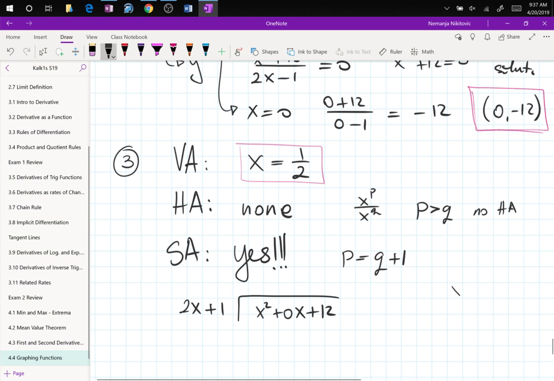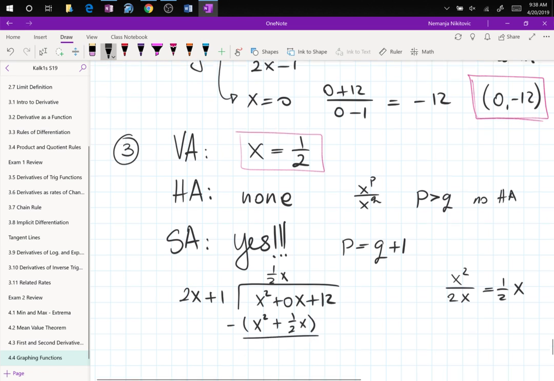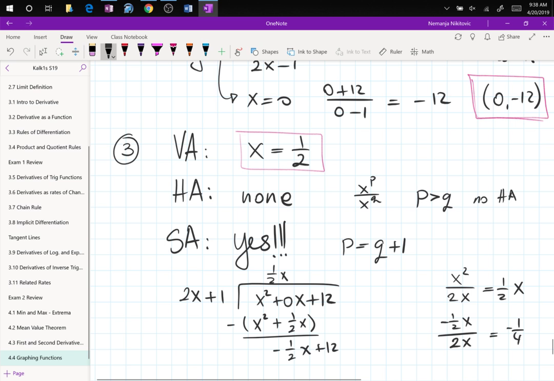Now, x squared divided by 2x is 1/2 x. Multiply back, we get x squared plus 1/2 x. When you subtract, you get negative 1/2 x plus 12. Negative 1/2 x divided by 2x is negative 1/4. So minus 1/4.